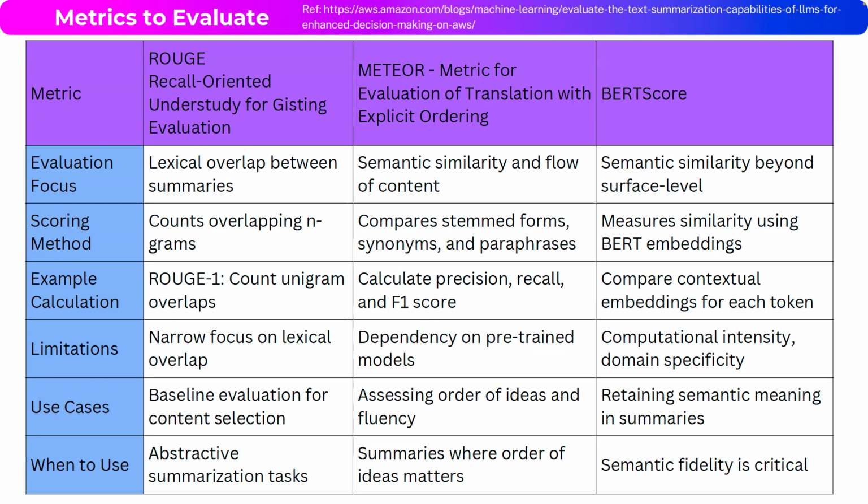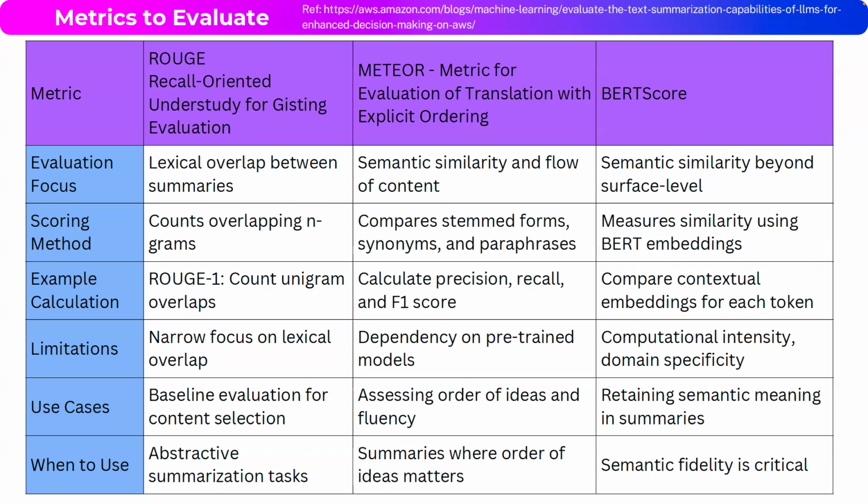You can briefly understand this by reading this blog. I learned a lot from reading this blog. I consider this a summarization, so let's focus on the evaluation focus. How this metric evaluates: ROUGE is more on the lexical overlap between summaries. Lexical overlap means, if you take the example "I love my country", we can say "I love country", so the word "my" is not coming.